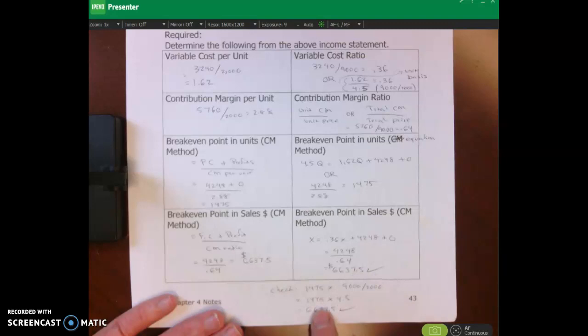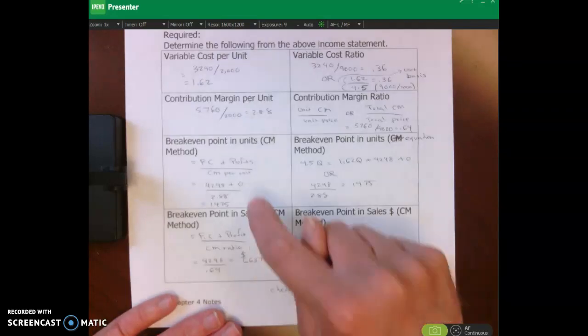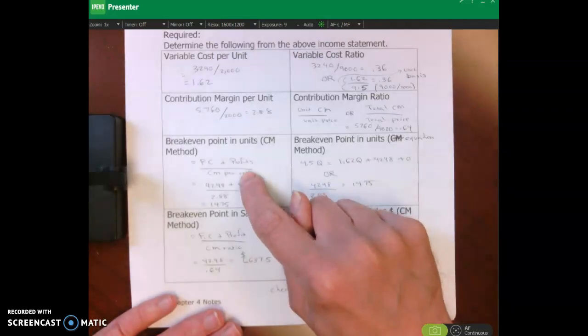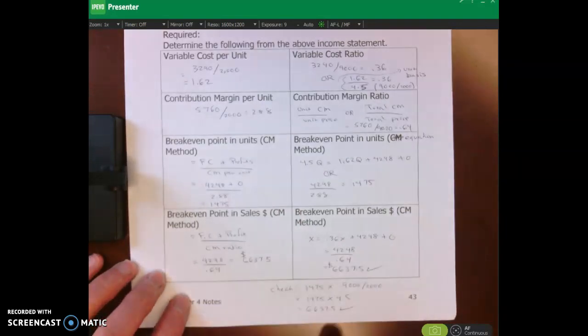And then if we wanted to check that, we could take our 1,475 times our $4.50, which is our selling price. I got that by taking my 9,000 total sales dollars divided by my 2,000 units. I sell it for $4.50 times my 1,475, which was my break-even in terms of units. 6,637 is the right answer.